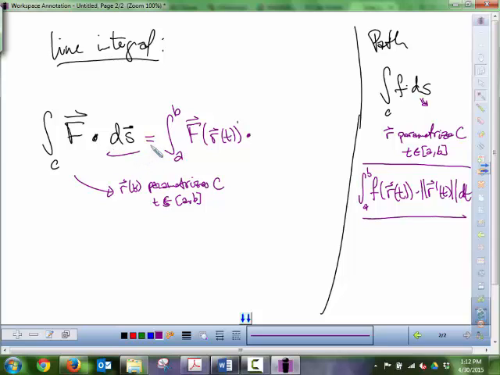But this time you're taking the dot product of x prime, y prime, which is itself a vector, also known as r prime of t. So when you dot two vectors, you're going to get a scalar. You're going to get eventually just a function of t, and that's the thing that you're going to integrate with respect to t.